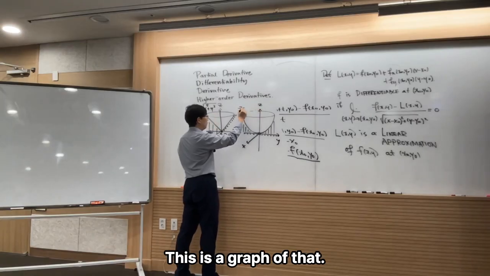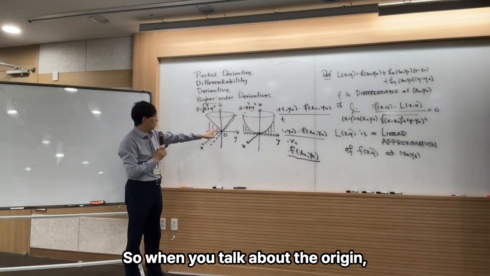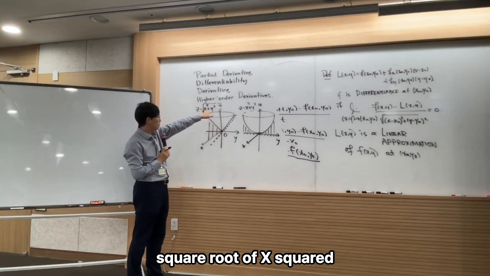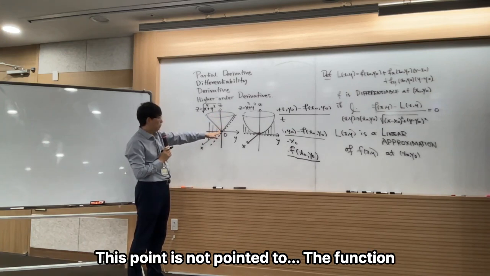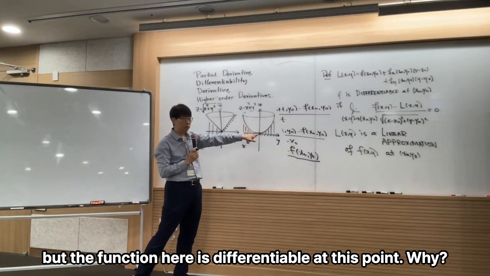So this is the graph of z equals x squared plus y squared. So when you talk about the origin (0, 0), which is in the domain of both functions, the square root of x squared plus y squared and x squared plus y squared, the function is not differentiable at this point, but the function here is differentiable at this point.